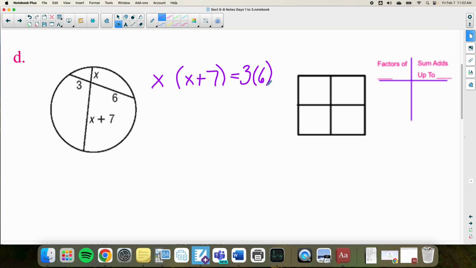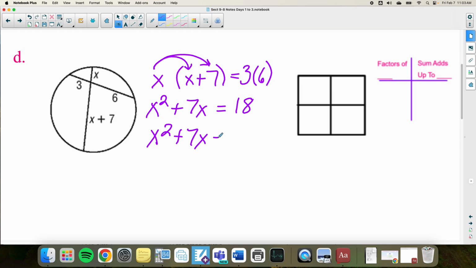Okay, now I'm going to distribute here, and x times x is x squared, x times 7 is 7x, and then it's equal to 3 times 6, which is 18. Now you could have skipped a step here and brought the 18 over right away. And hopefully you would notice in this, when you have an x squared, an x, and a number, that's when you have to do trinomial factoring.